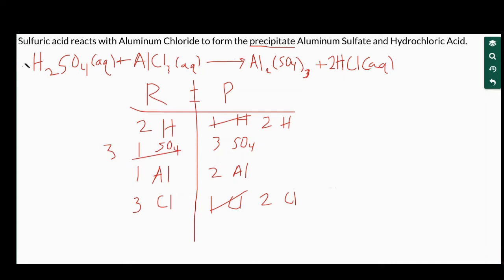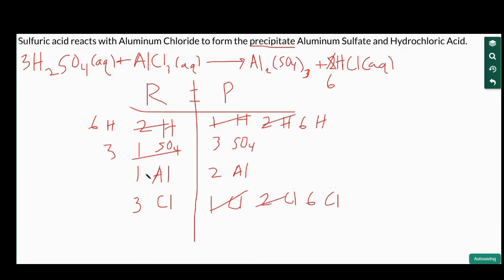So we have a coefficient of 3 here, and hydrogen is also changing, so that becomes 6 hydrogen. And now we need to balance the hydrogen again, so let's multiply this by 3 to get 6. So now change this coefficient to 6. And also the chlorine would become 6.